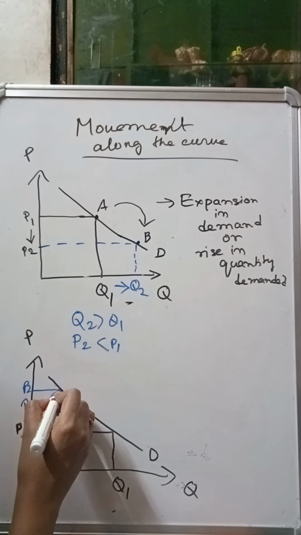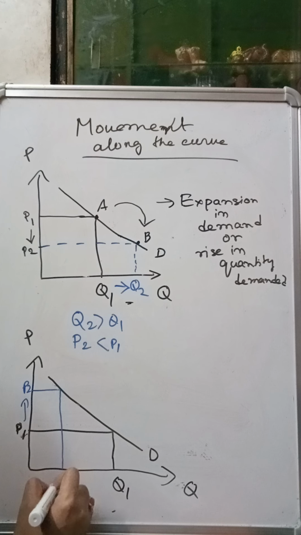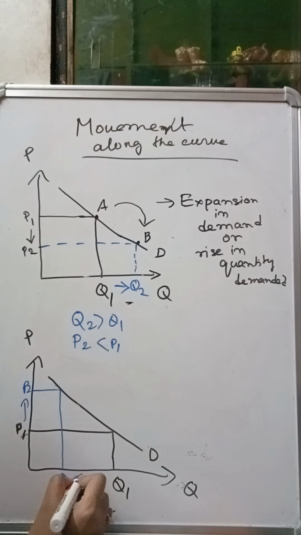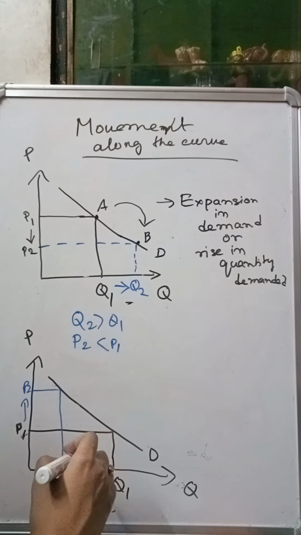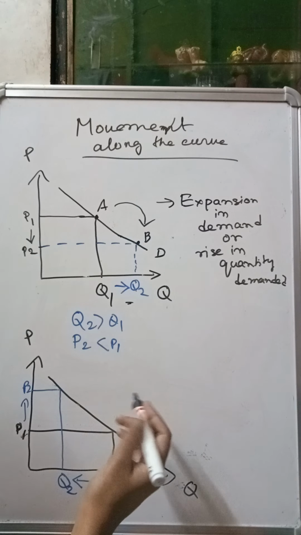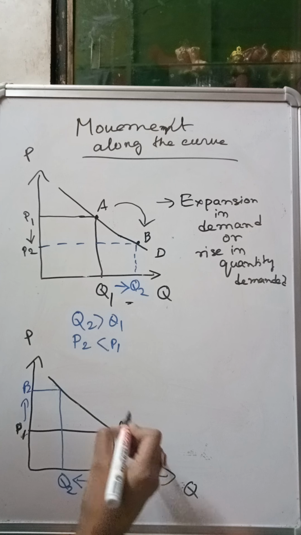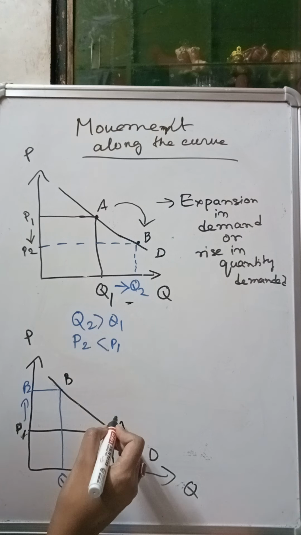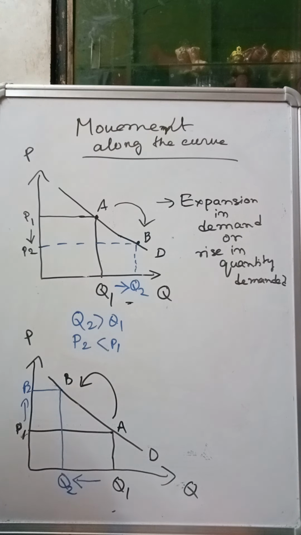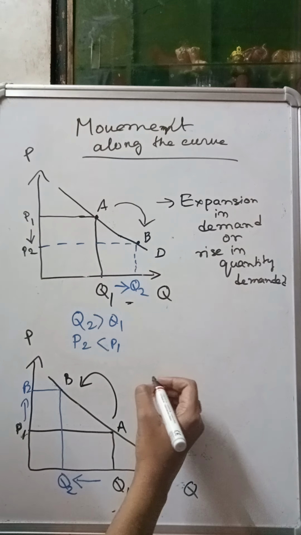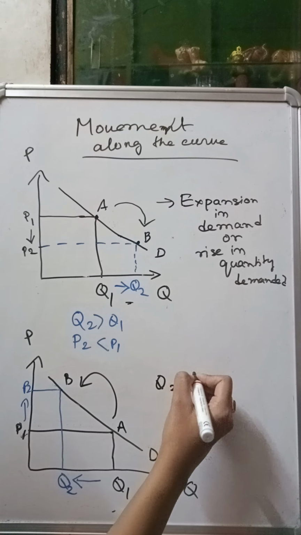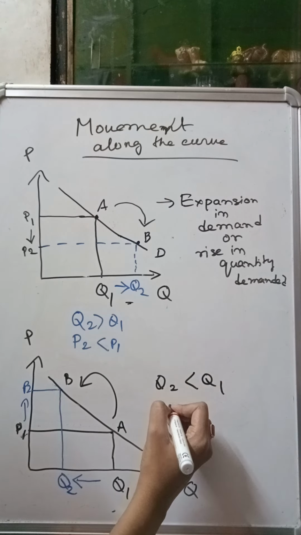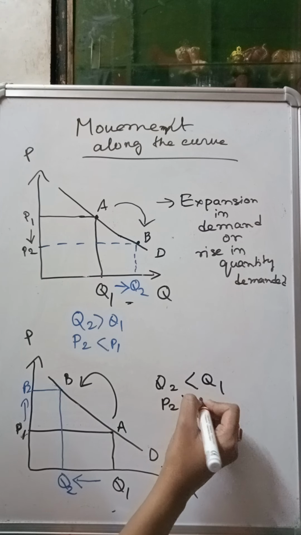Now when the price is P2, I am demanding Q2 amount of good. So the quantity demanded has decreased. Previously I was at this point A and now I am at point B. So Q2 is less than Q1 and P2 is greater than P1.